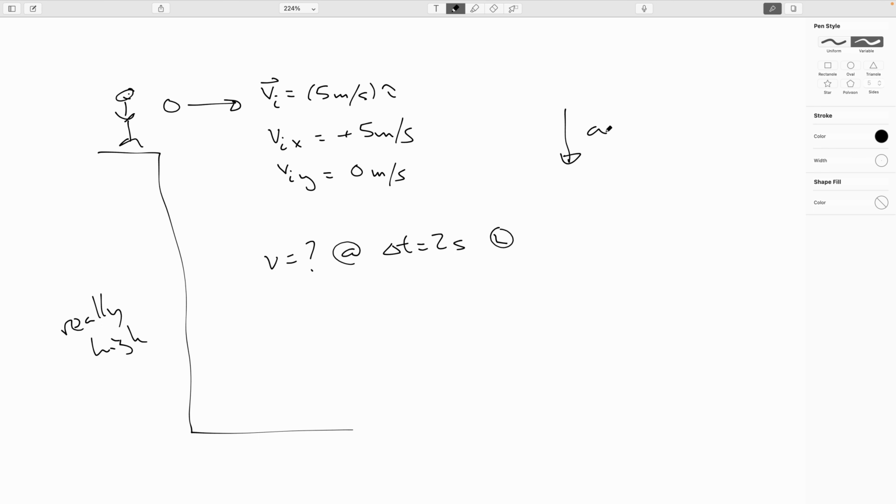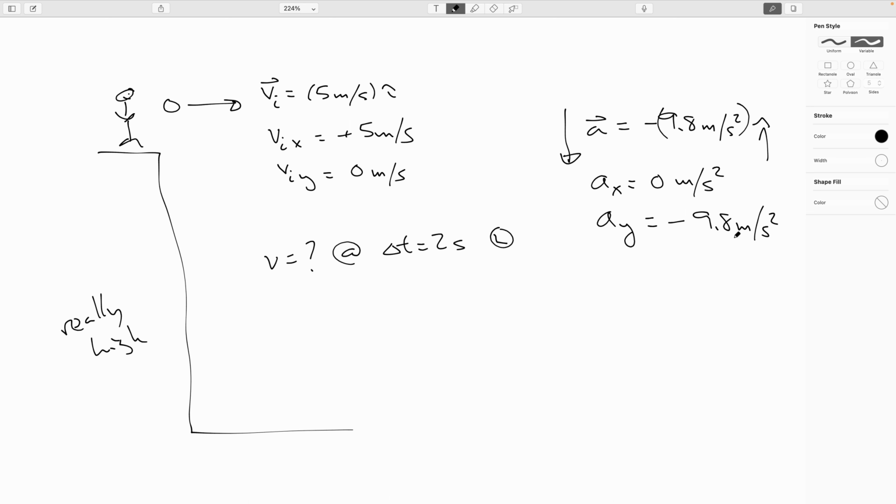And so if that's the case, then my acceleration will be minus 9.8 meters per second squared. And since it's pointing straight down, that would be j hat. Or we can write it as a sub x equals 0 meters per second squared, because we're accelerating straight down, there's no right and left to this, so the x component of the acceleration is going to be 0. And the y component of our acceleration will be minus 9.8 meters per second squared.